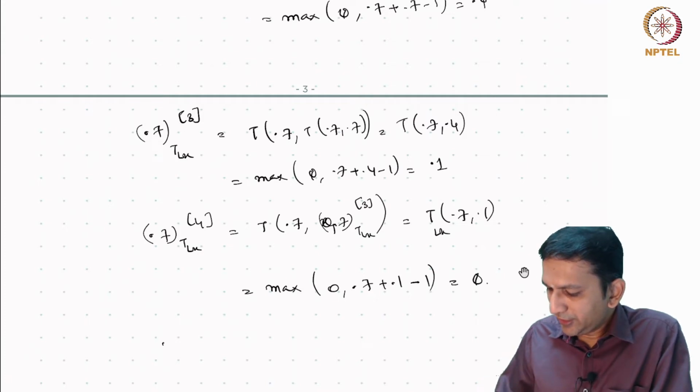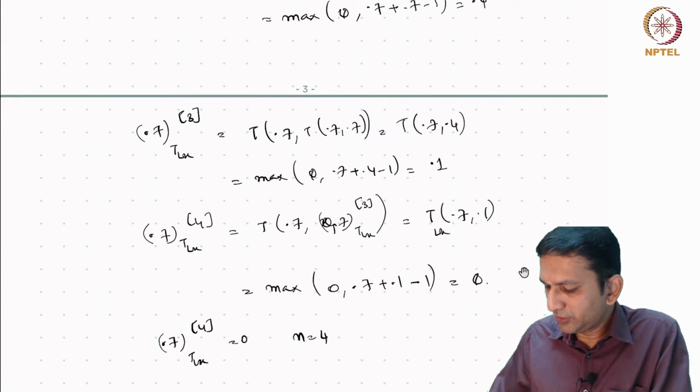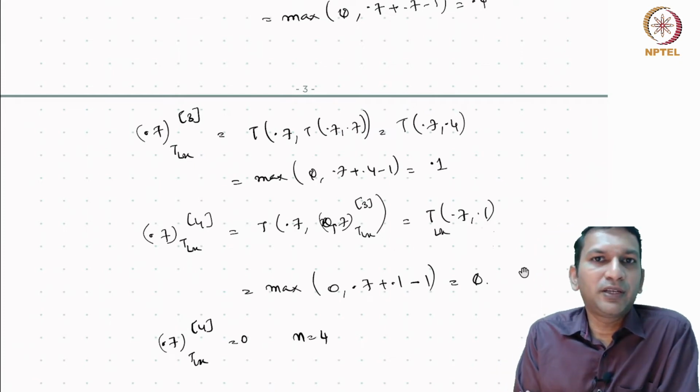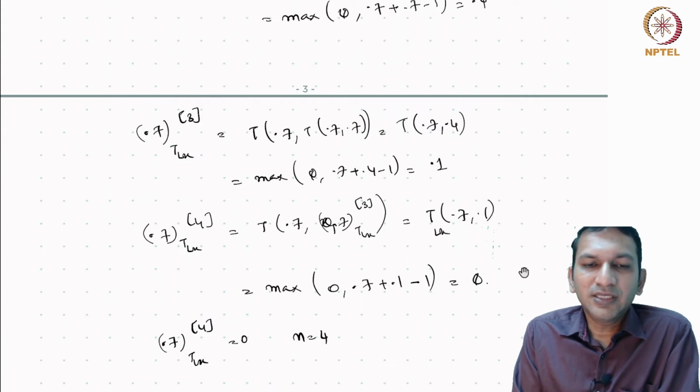So if you take 0.7, in practically 4 steps, it is 0. That means for n is equal to 4, 0.7 being operated on itself with the Lukasiewicz t-norm goes to 0. So this is a nilpotent element of the Lukasiewicz t-norm.